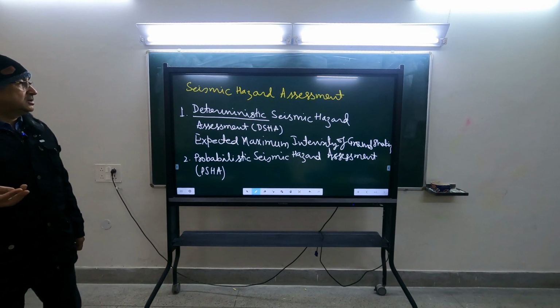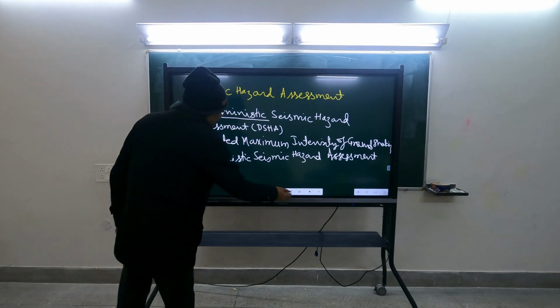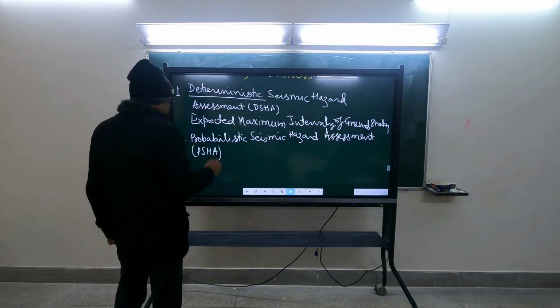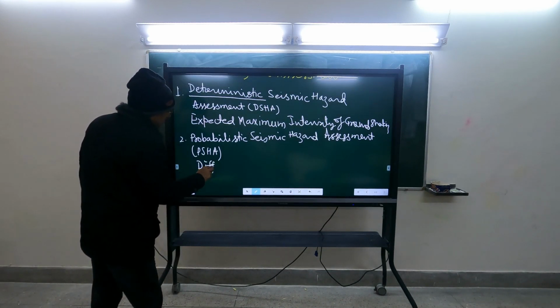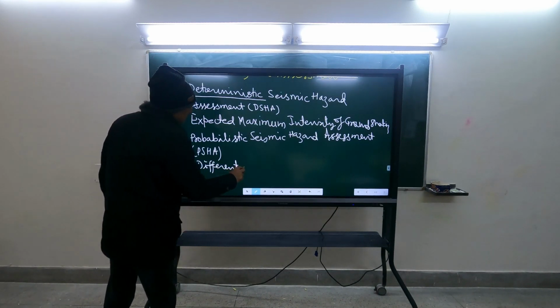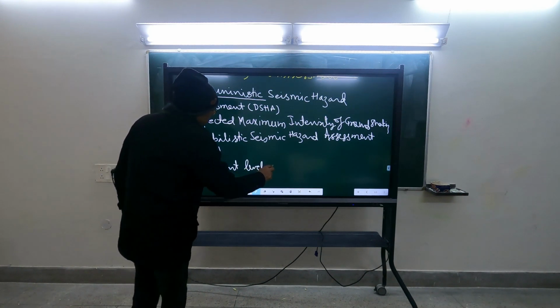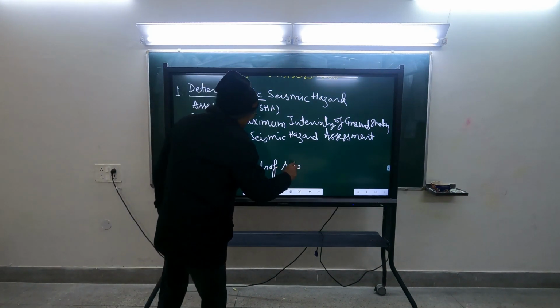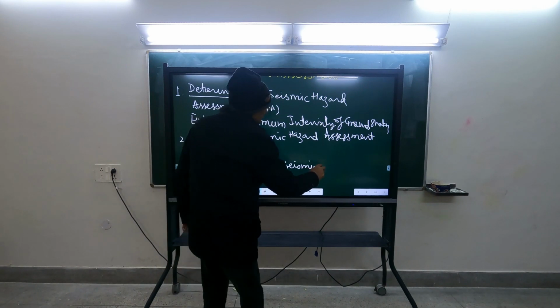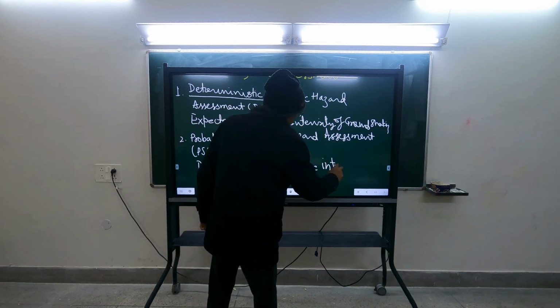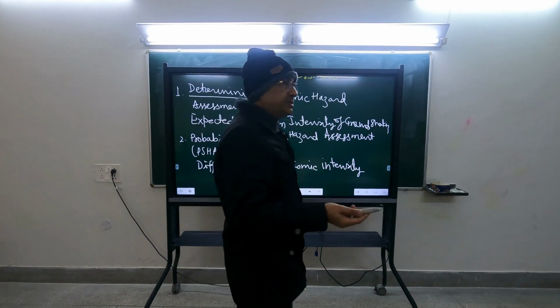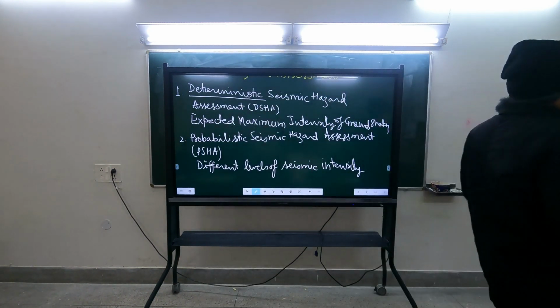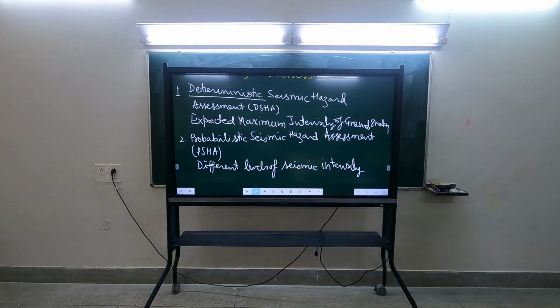Okay. In probabilistic seismic hazard assessment, we obtain different levels of seismic intensity, hazard. Seismic intensity itself we call hazard. We discussed what is hazard. So hazard is intensity of ground shaking.